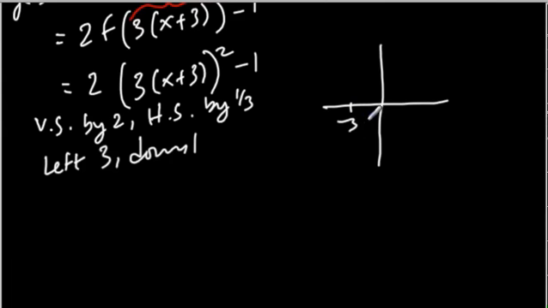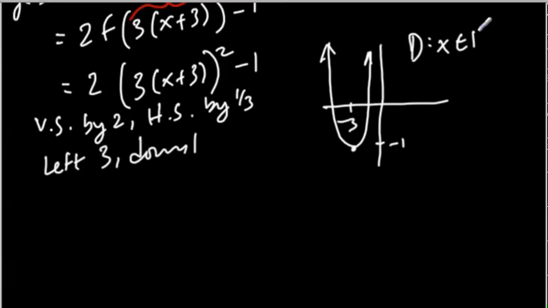So it's negative 3 and negative 1. It'll be a very thin graph right there. So the domain is x element of reals, and the range is y element of reals, but y is greater than or equal to negative 1.